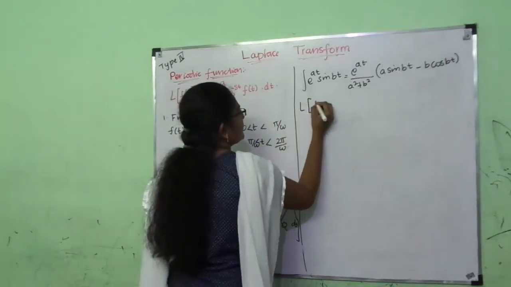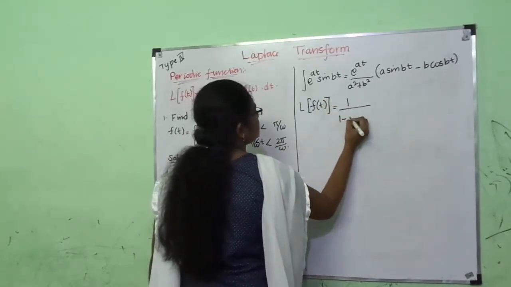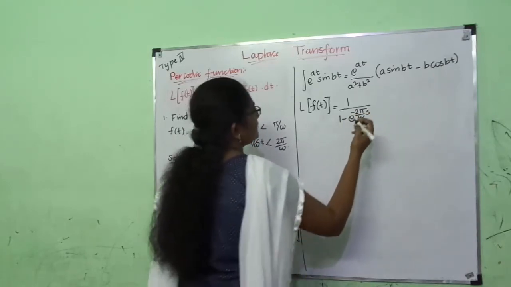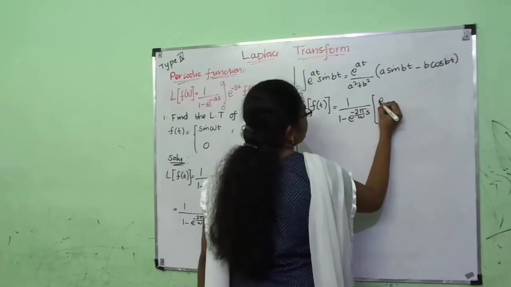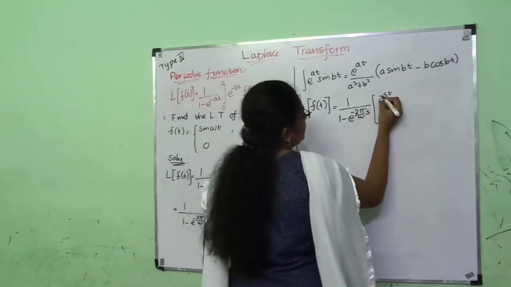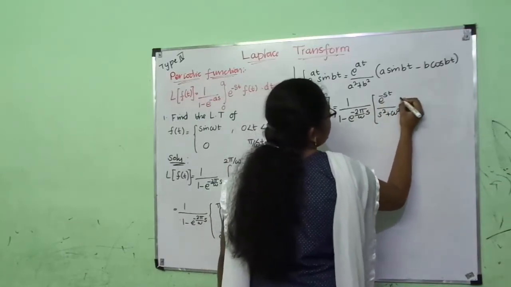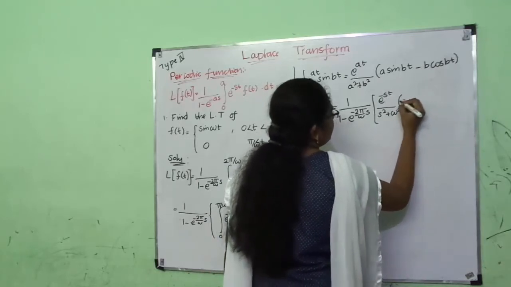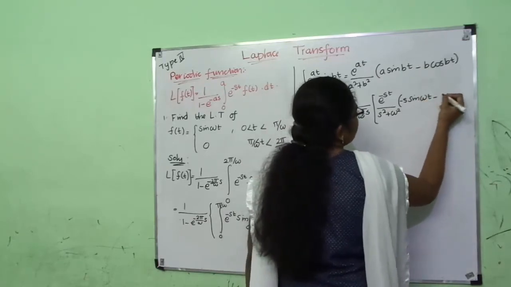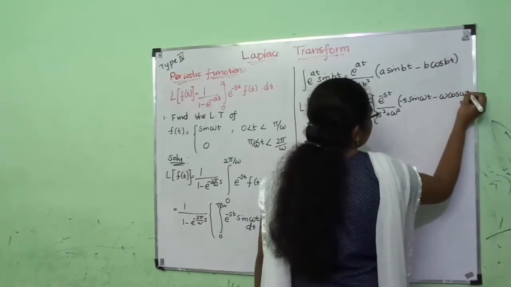L of f of t is equal to 1 by 1 minus e power minus 2 pi by omega into s, e power at, that is e power minus st, divided by a square plus b square, that is s square plus omega square, into a, that is minus s, sin b value is omega t, minus b value omega, cos b value is omega t.